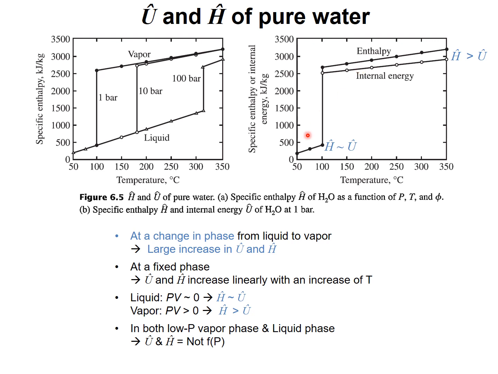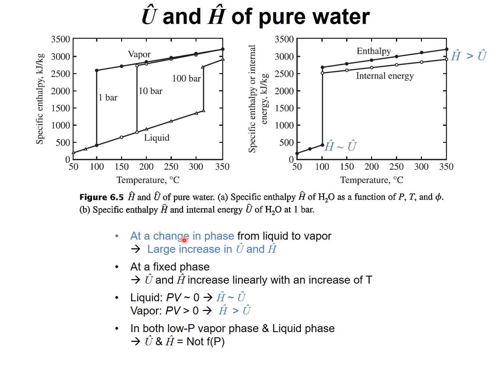Why? At lower temperature, enthalpy is approximated by the internal energy. It means in the vapor phase, you should think about the PV term for calculating the enthalpy. However, the temperature dependency of the liquid is very small, so the PV term could be neglected at lower temperature.